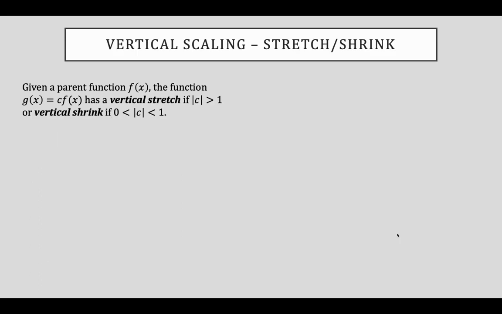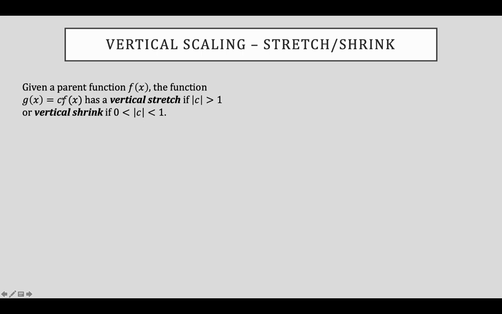Now, we also have vertical scalings. These are known as vertical stretches and vertical shrinks. Given a parent function f of x, the function g of x equals c times f of x has a vertical stretch if the absolute value of c is greater than 1, or a vertical shrink if the absolute value of c is between 0 and 1.